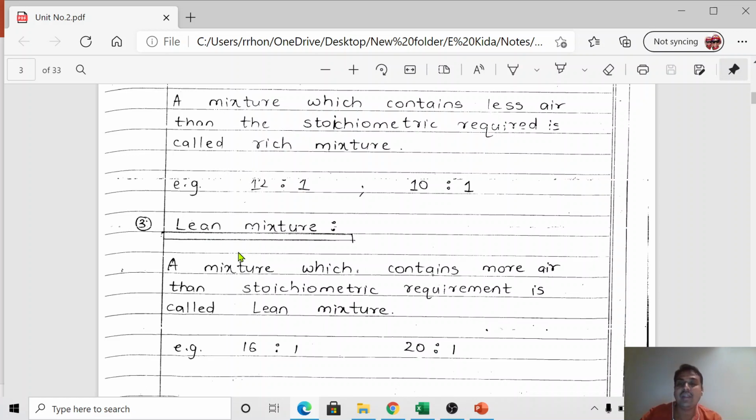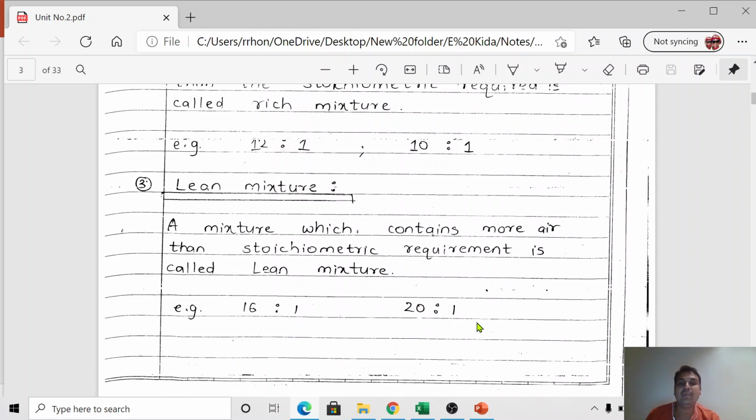Okay, so always remember what lean mixture means. If you want to reduce the speed of the engine, the mixture sent by the carburetor inside the engine cylinder will be a stoichiometric mixture or a lean mixture. Suppose you are riding your bike at a constant speed, maybe 30 or 40 km per hour.